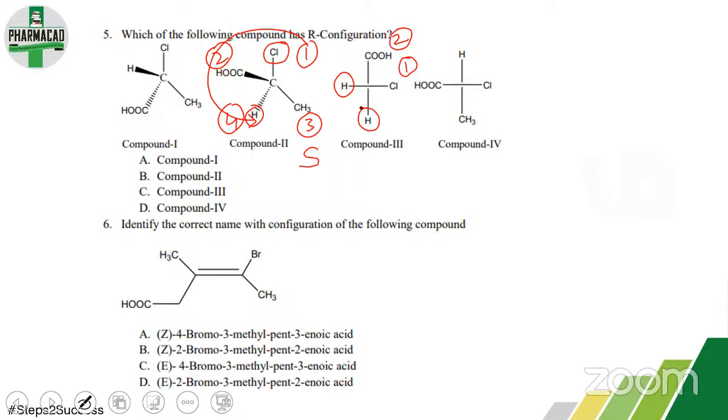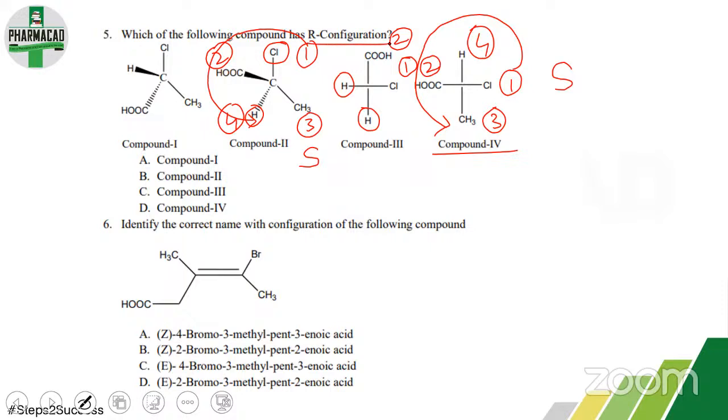So it is optically inactive compound. In case of compound 4, first, second, third, and fourth. So fourth is negligible, so it is in the form of anti-clockwise. H is on vertical line, so the configuration remains as it is, that is S. So the correct answer, they are asking R configuration, which is of compound 1. So the answer is option A.